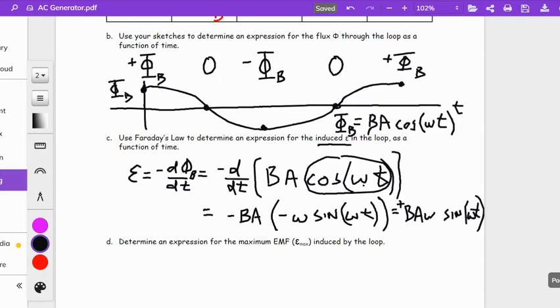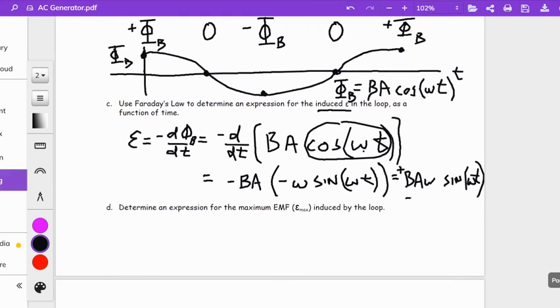Okay. And sometimes what you'll see is, so this is important, right? That's a nice result there. Sometimes this will be written in the following way. You would write it as the EMF is equal to some kind of a maximum EMF times the sine of omega t.